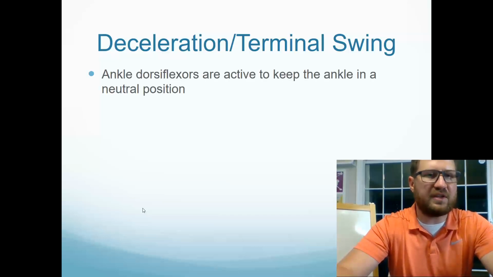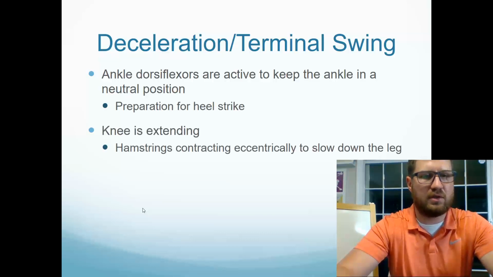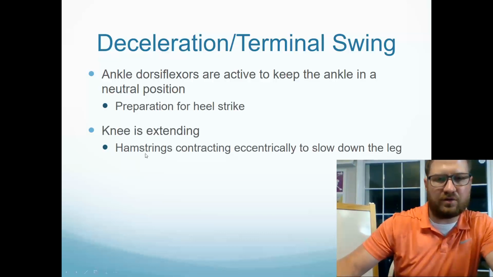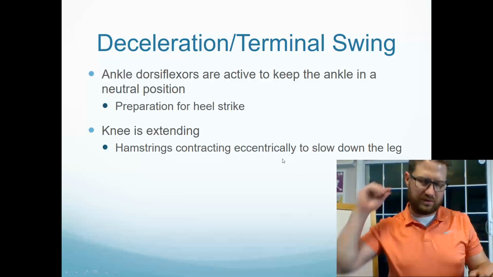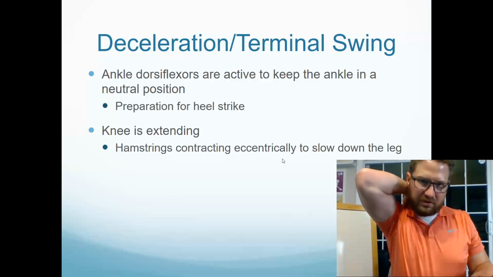During terminal swing or deceleration, our ankle dorsiflexors are active to keep the ankle in neutral position. Our knee is extending, and the hamstrings, circle this, outline this, are contracting eccentrically to slow down the leg. I want you to take a little note and remember this for when we start talking about above knee amputations.